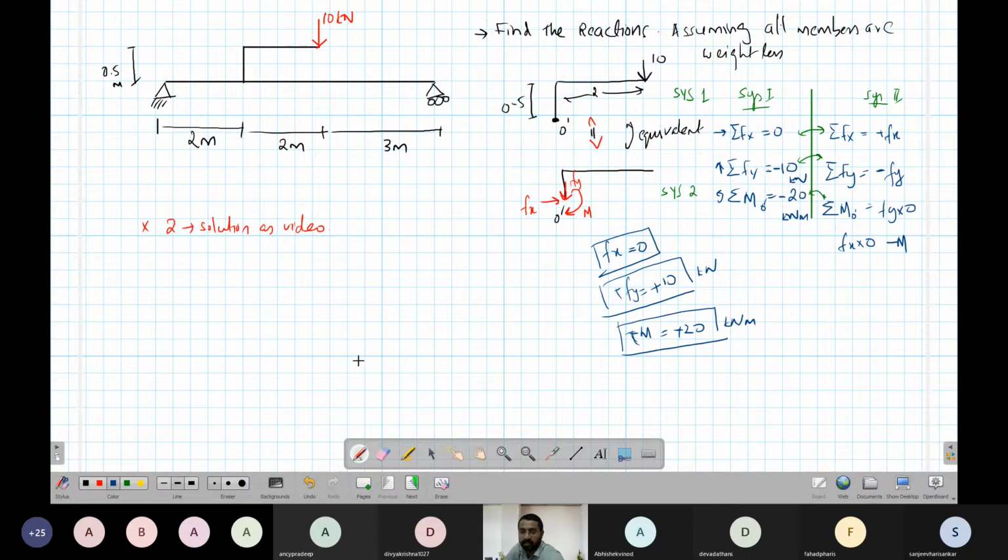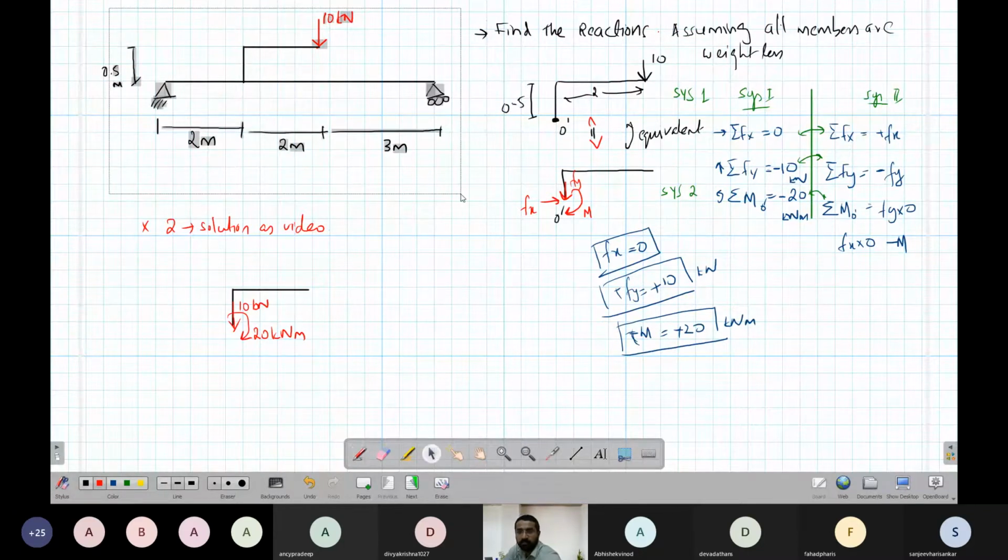So this entire system I can replace with a 10 kilonewton force downward and a 20 kilonewton meter moment clockwise.